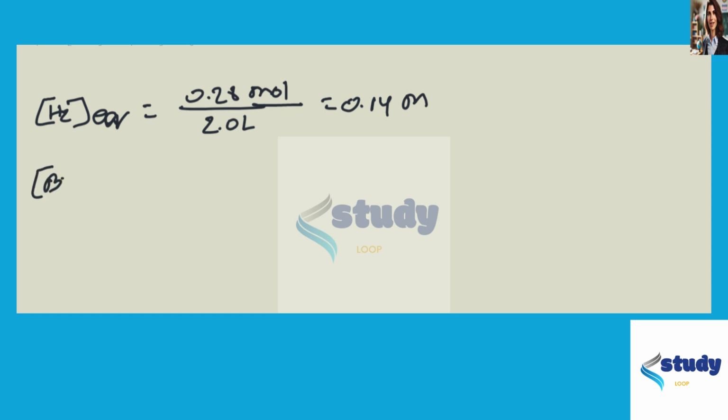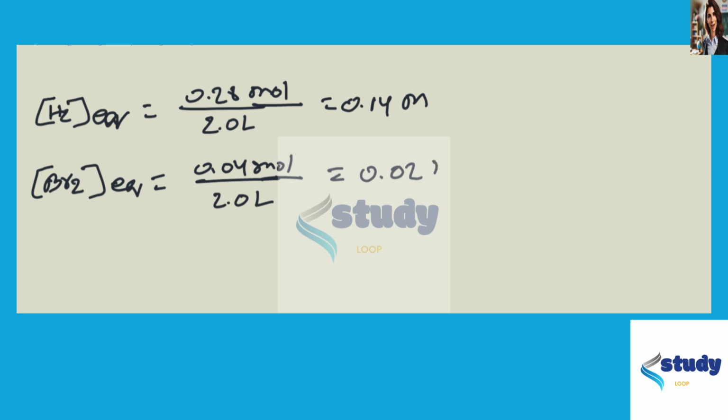Then the equilibrium concentration for bromine will be equal to the number of moles of bromine, which is 0.04 mole over the volume 2 liter, and this will give us a value of 0.02 molar.